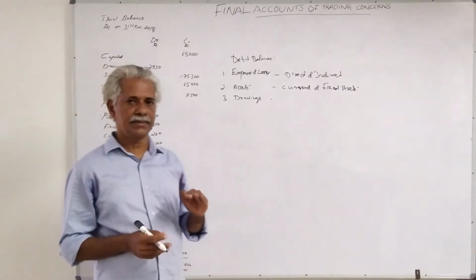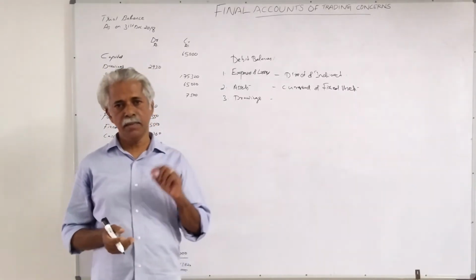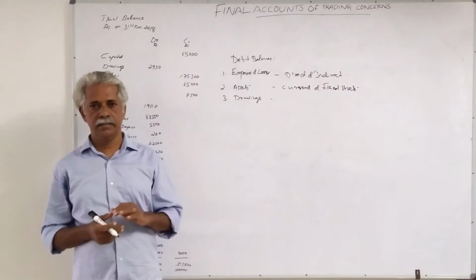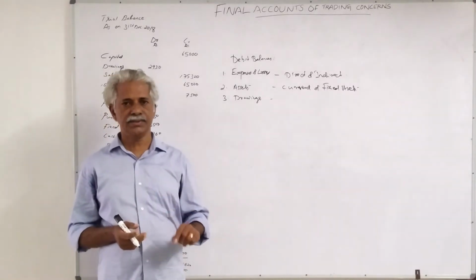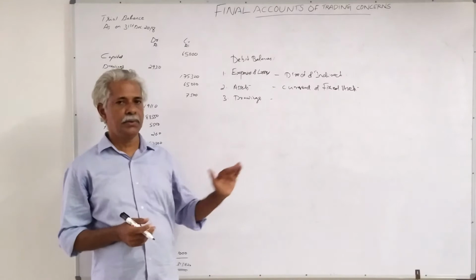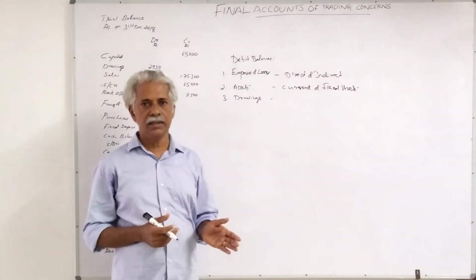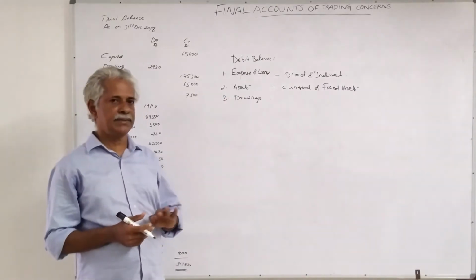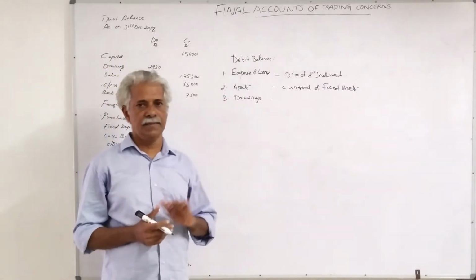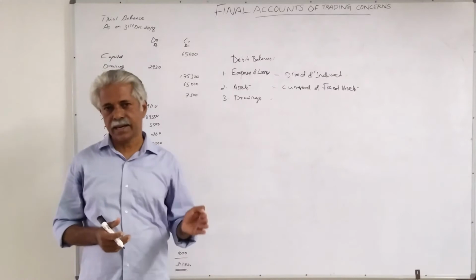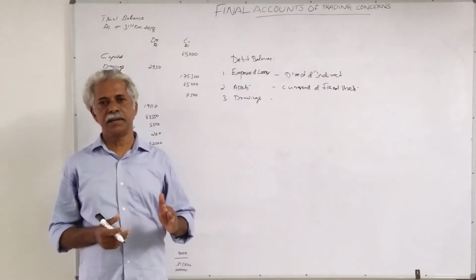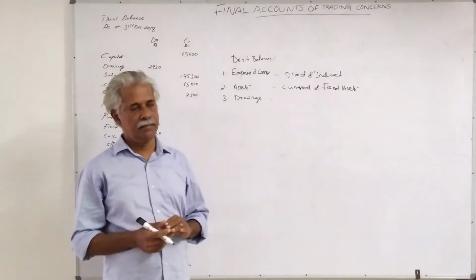Whenever there is drawings, the claim of the owner over the business reduces to that much extent. That means the amount of drawings must be adjusted against his claim represented by capital.